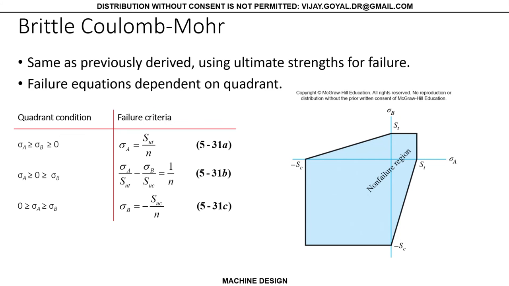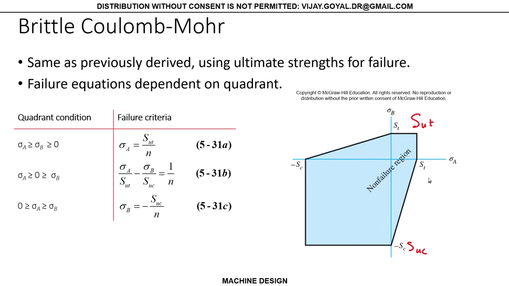The Brittle Coulomb-Mohr is the most conservative one, can also be used, and it's very simple to use as well. Basically, this is your compressive, this is tensile, right? And we just draw a straight line. This is ultimate, by the way, SUT. This is SUC, ultimate compression. For brittle materials, we don't have yield.